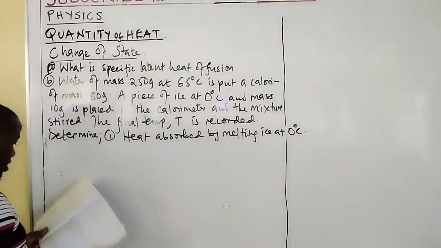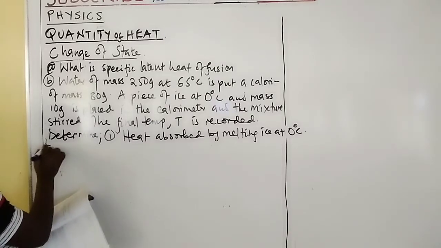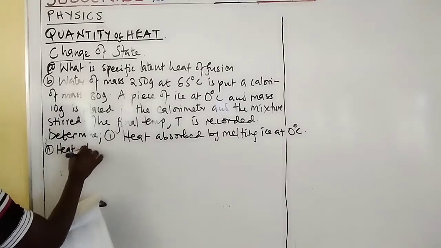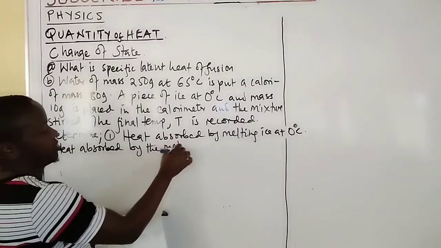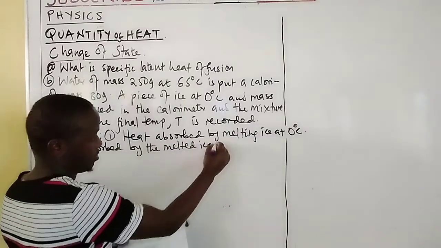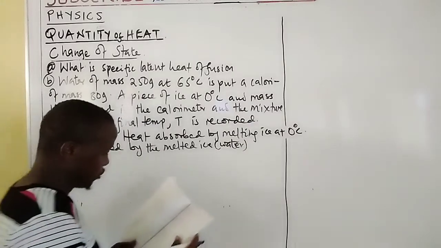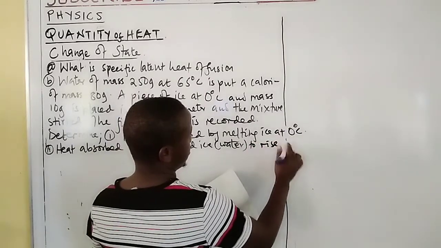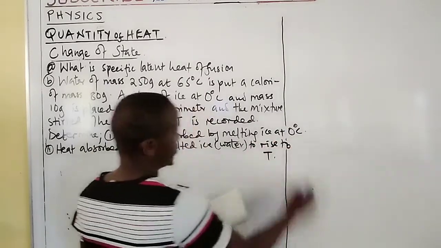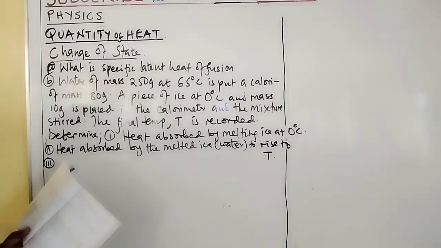Then Roman 2, the heat absorbed by the melted ice, water, because it has now become water, to raise it to temperature T. Can you give your answer in terms of T? Roman 3, we are told to determine the heat lost by the warm water and the calorimeter.